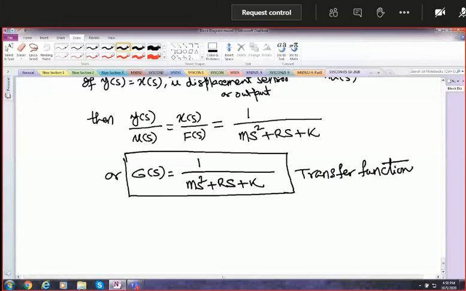You know this from your dynamics course. You know it very well. If you put s equal to j omega in this one, you will get the frequency response function.